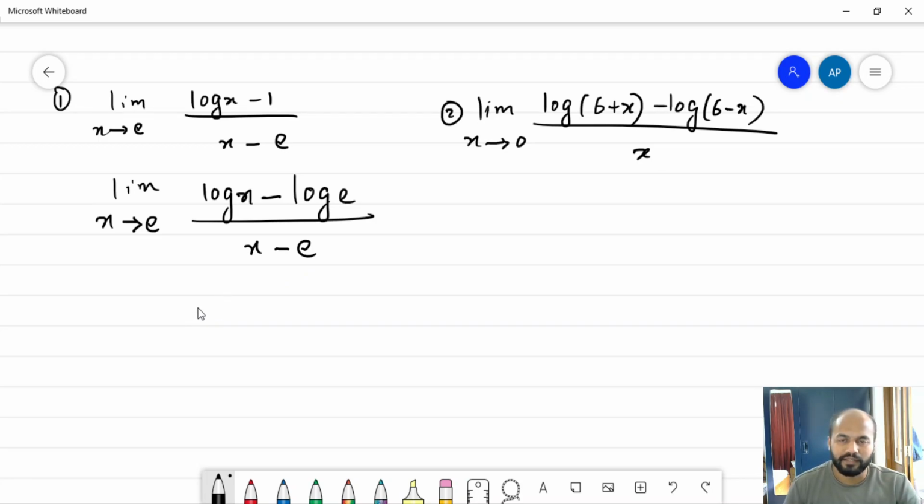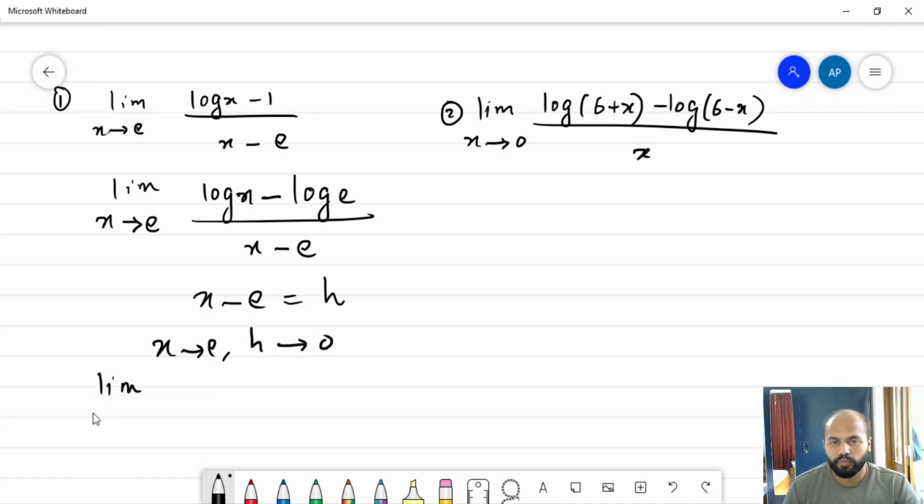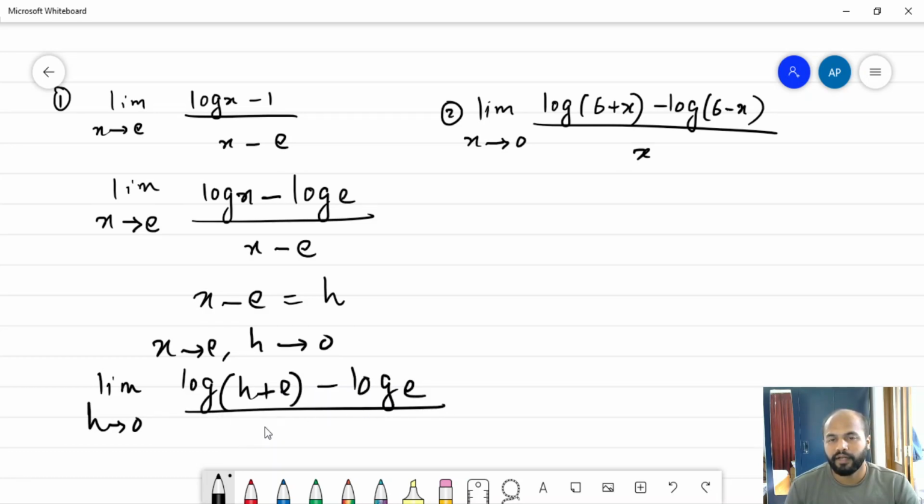Now once we have this, we can write x − e as some h, and as x tends to e, h tends to 0. So in the numerator, we will have log of (h + e) minus log of e, divided by h.